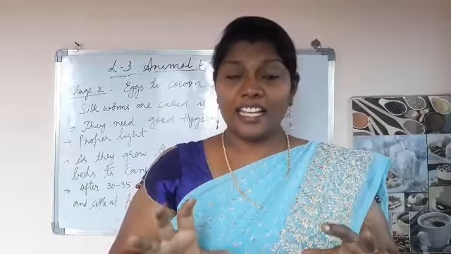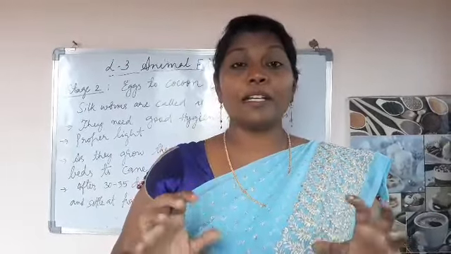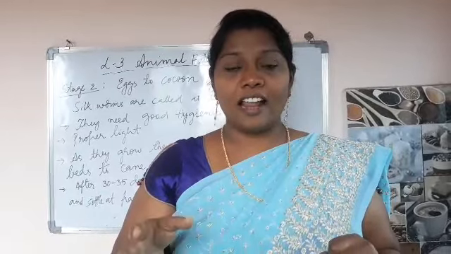When this cocoon is exposed to air and heat, the gummy structure will dry up and it becomes very strong. It dries up because of the heat and light and becomes very strong.